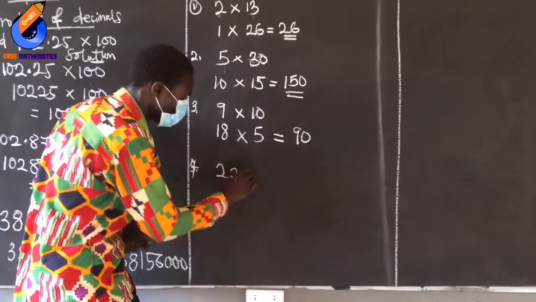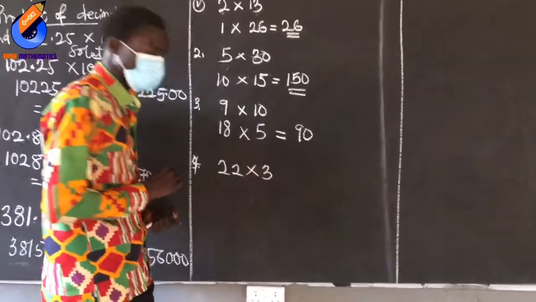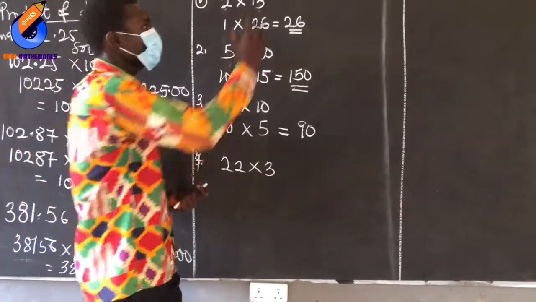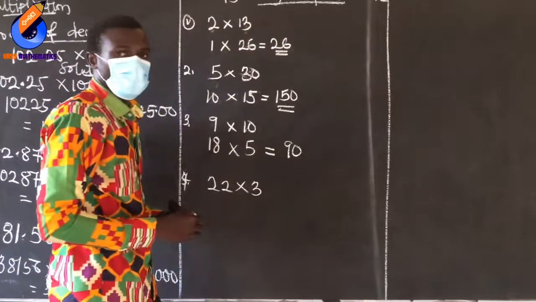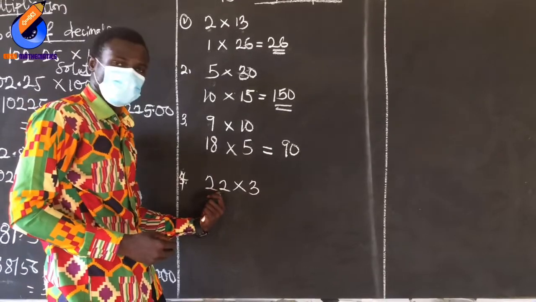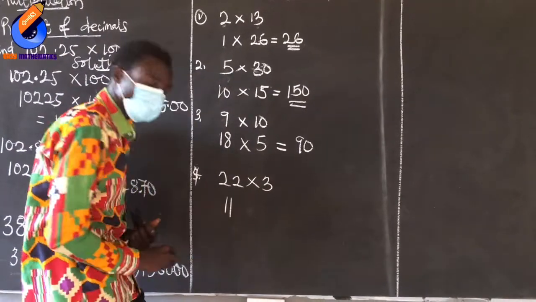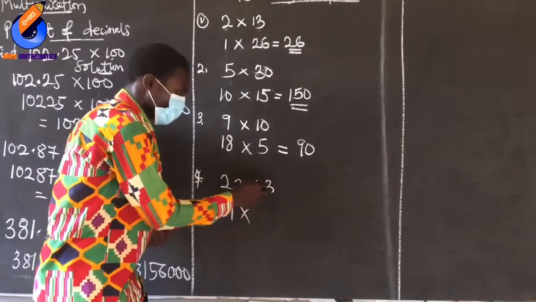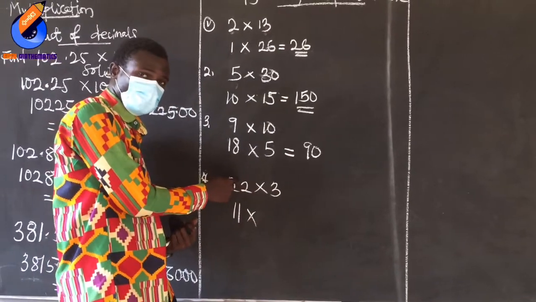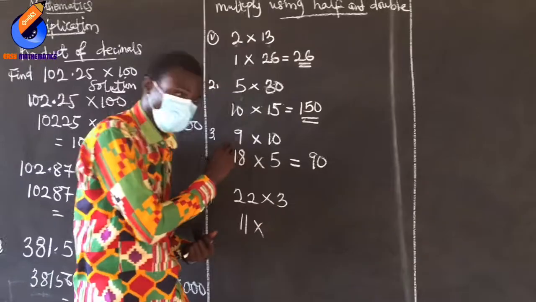We have 22 times 3. We are using half and double. If I want the half of 22, it will give me a whole number. So half of 22 is 11. Since I have used half for 22, I have to use double for 3.